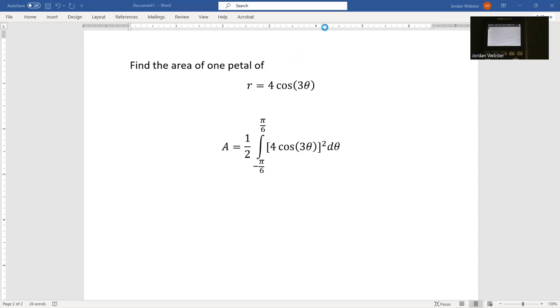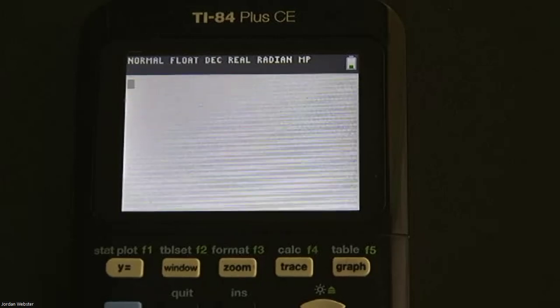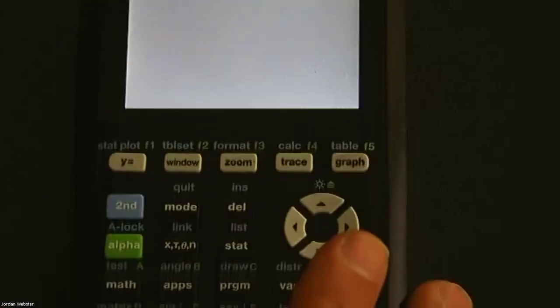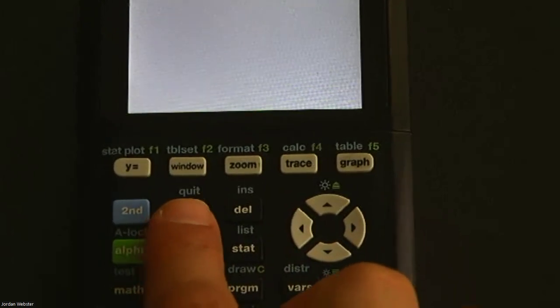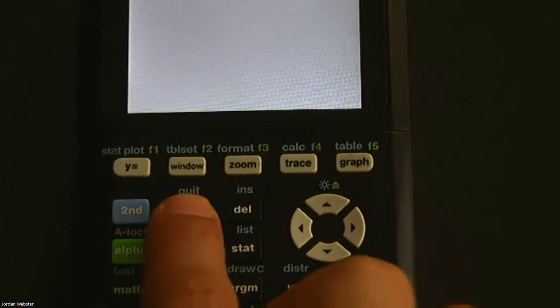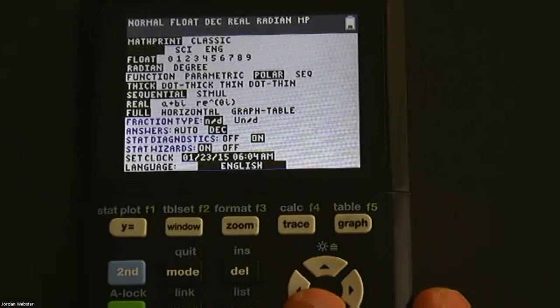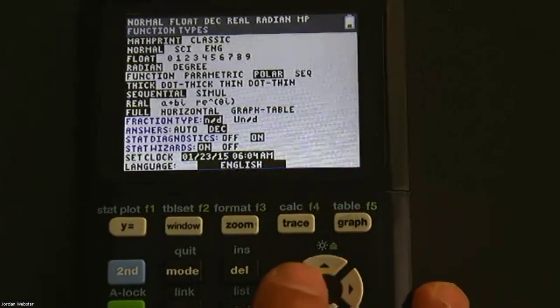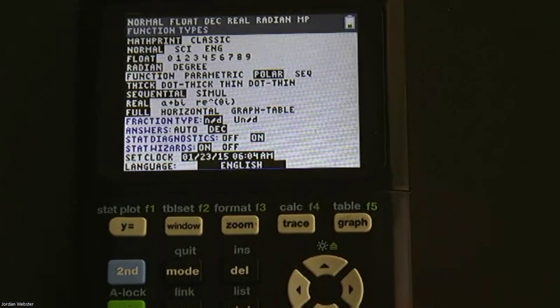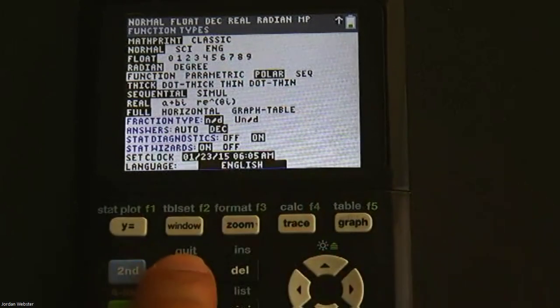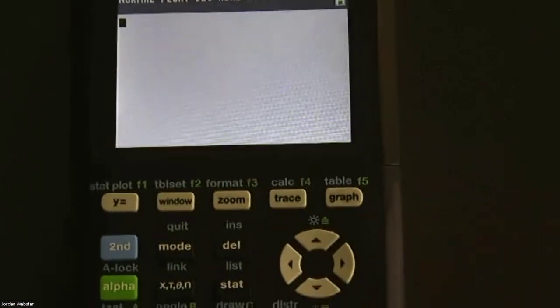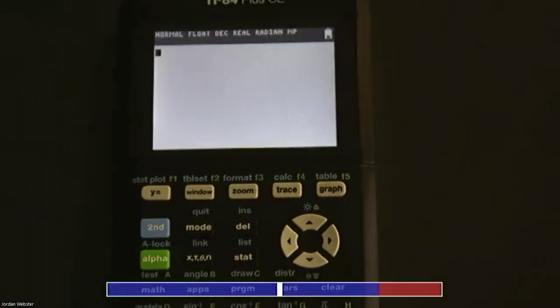So we turn to our calculator, and if we're not already in the correct mode, then we're going to force ourselves to be in polar mode. This is one option. So I go into the mode, go down, click on polar, and now I'm ready to go. This is how I tend to do so.